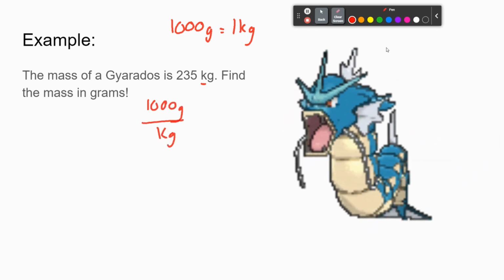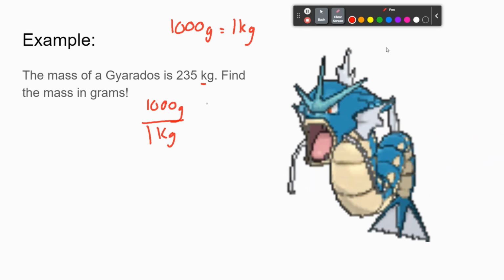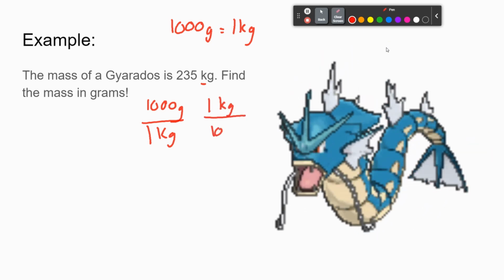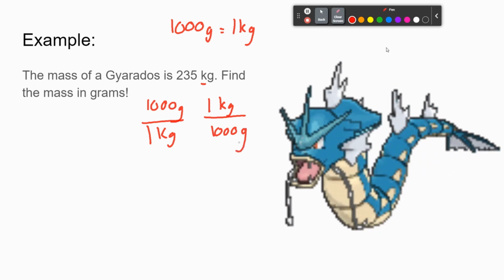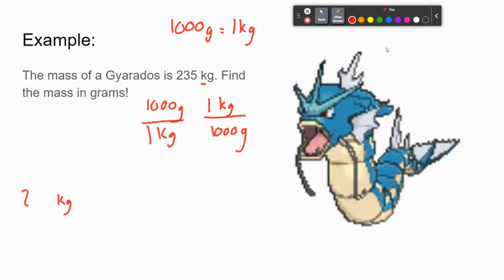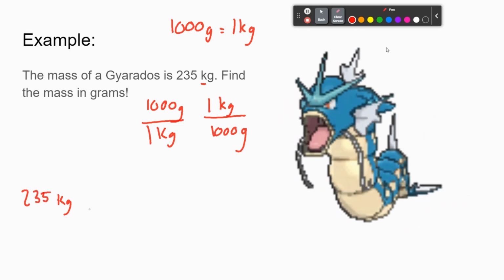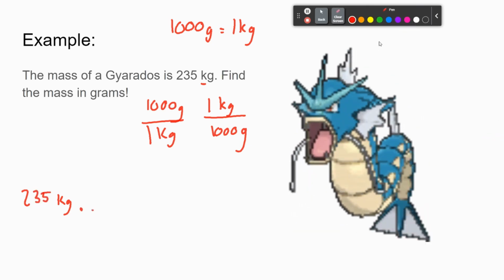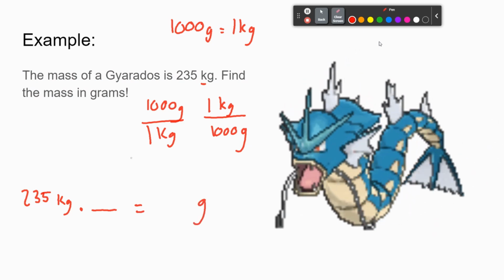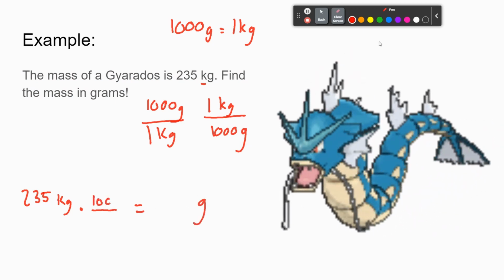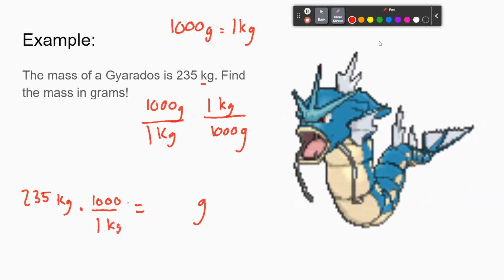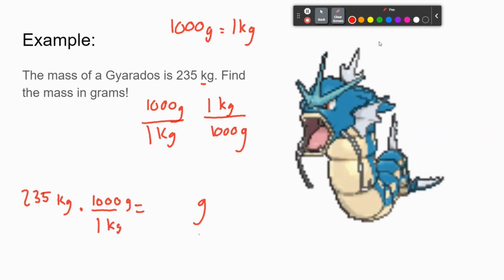We don't know necessarily which one we're going to use yet, so we could write both, though if you read the problem, you can probably figure it out. We have kilograms. We want to get grams, so that means the 1,000 is going to go on top, and the 1 kilogram is going to go on the bottom.